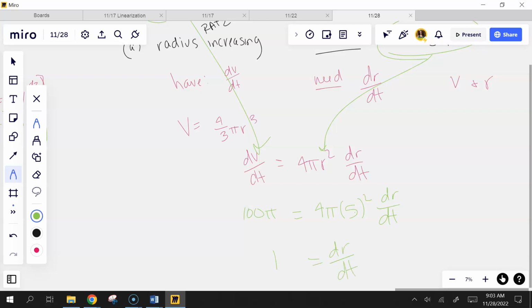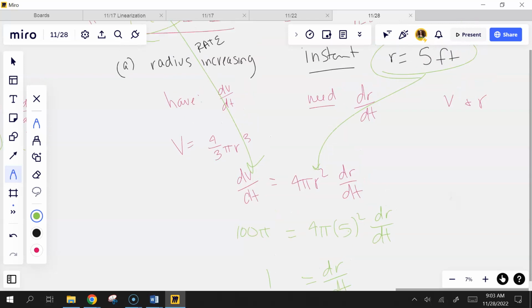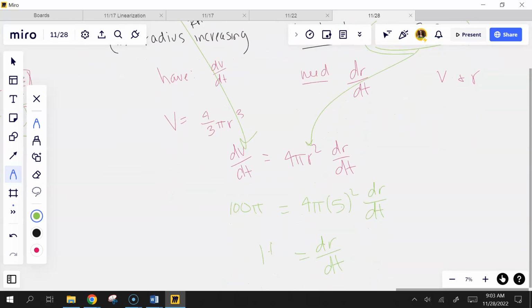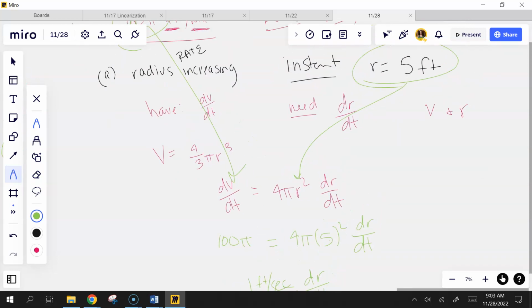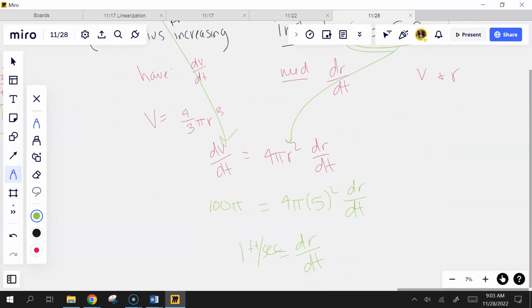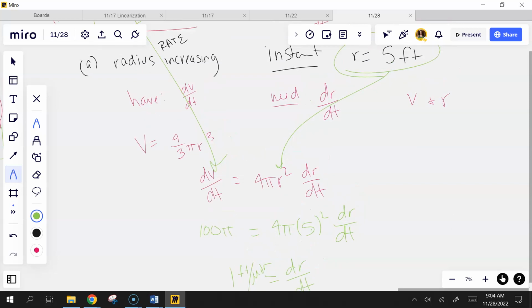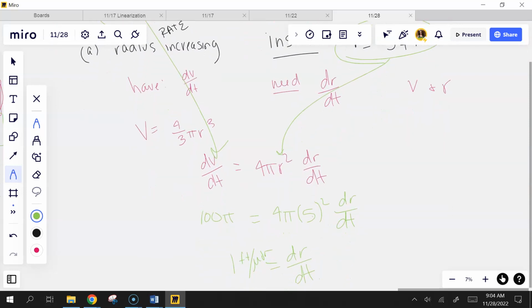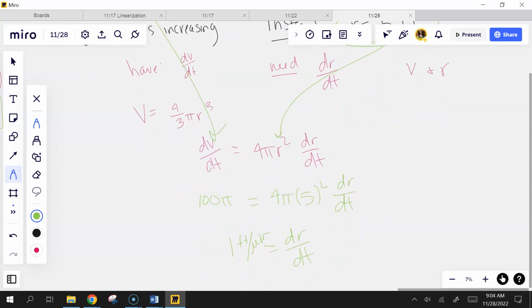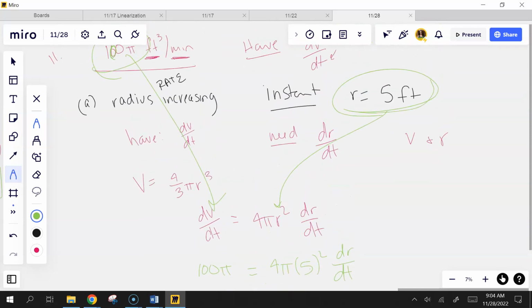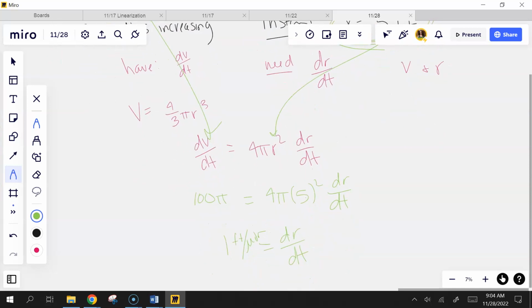What are my units? Feet per minute. What does that mean? As helium's put into the balloon, every minute the volume increases by 100 pi, but also at the instant that the radius is 5, it is increasing at 1 foot per minute.